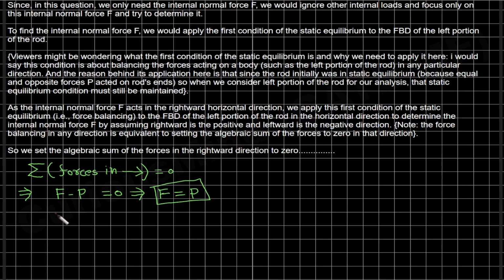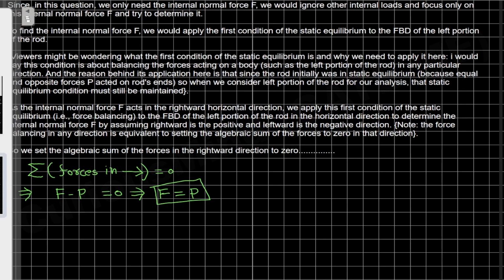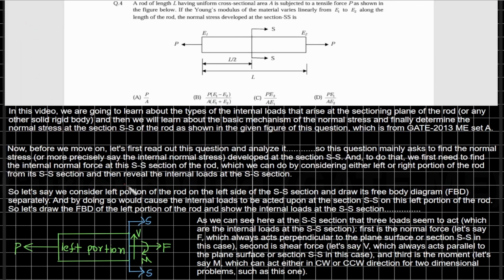Now before we move on and find the normal stress that acts at the SS section of the left portion of the rod, let's go back to the free body diagram and try to understand how that normal stress acts at the SS section.